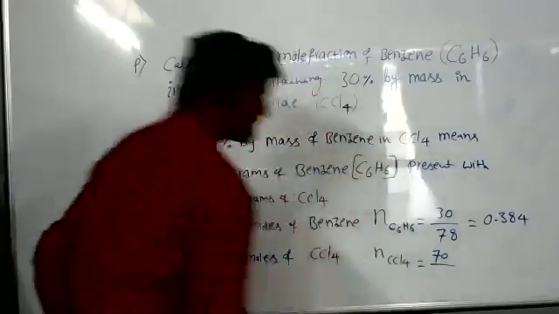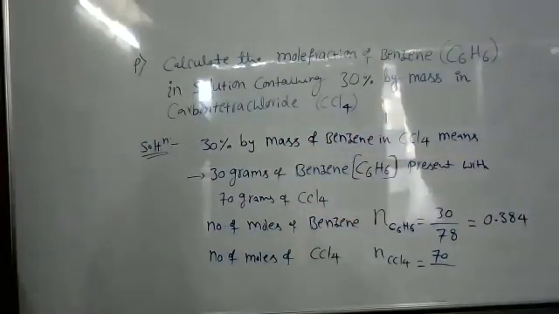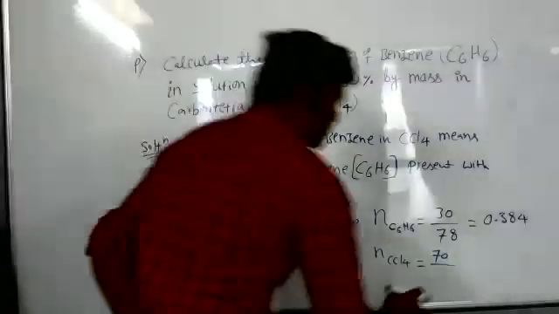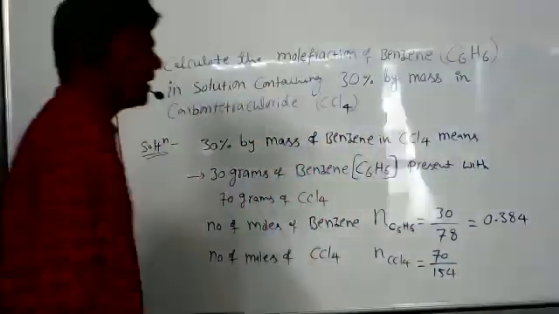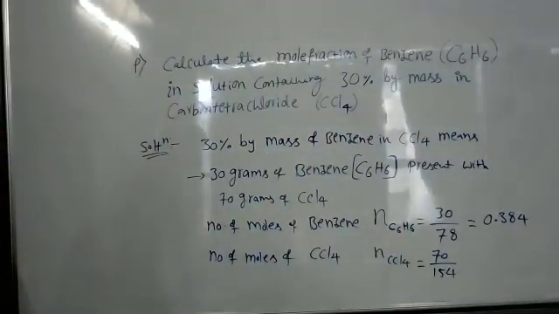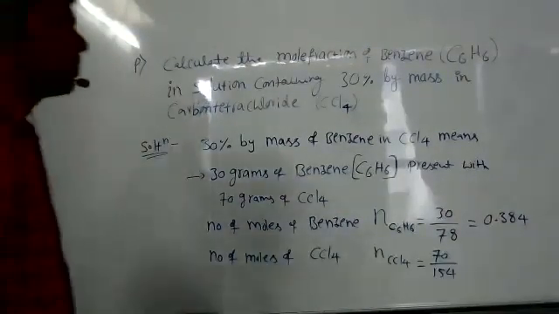CCl4 molar mass is 154. Calculate this, 70 by 154. This is 0.45.